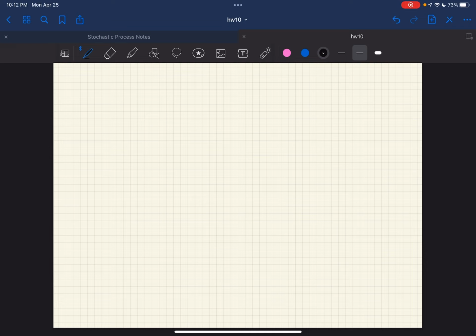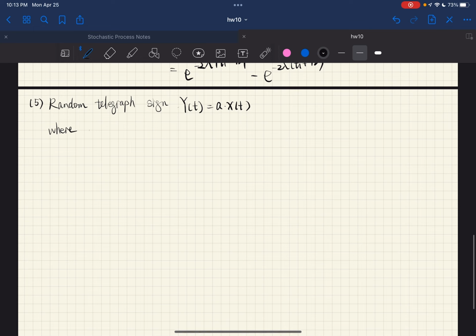So we define the random telegraph signal Y(t) equal to A times X(t), where A is a random variable independent of X(t).